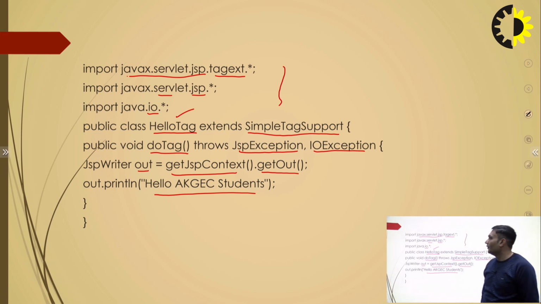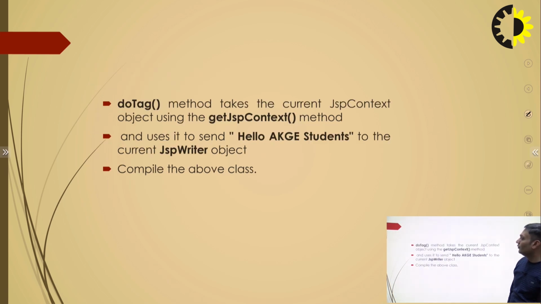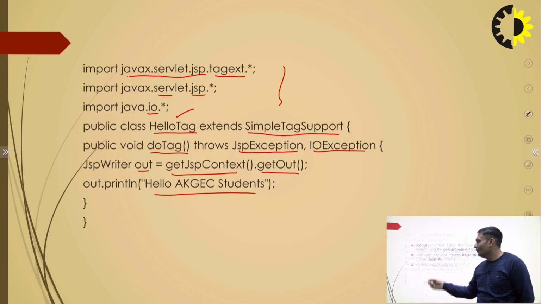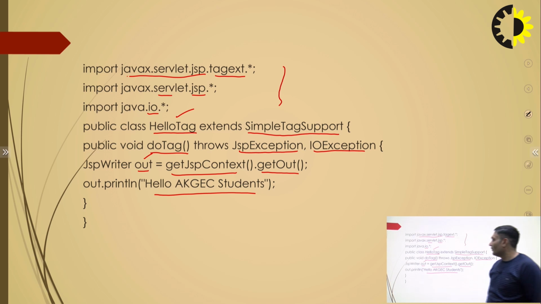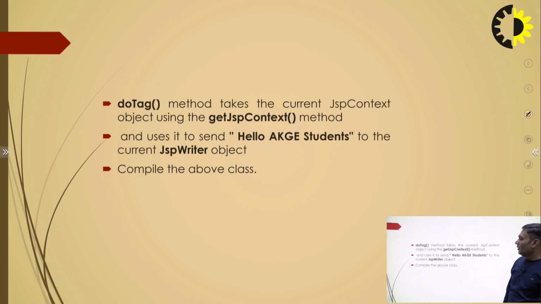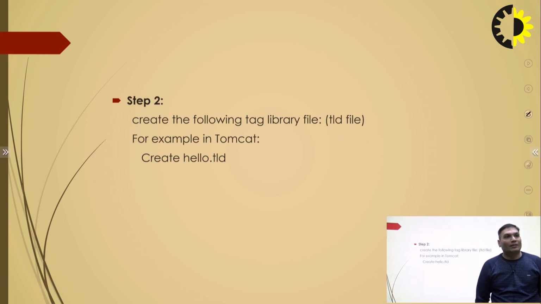custom tag later. So what is doTag? The doTag method takes the current JSP context object, using the getJspContext method, and it is used to send hello Akgec students to the current JspWriter object. As we have seen here, the JspWriter object is out, and we will just compile this program, and the HelloTag.class file will be created.